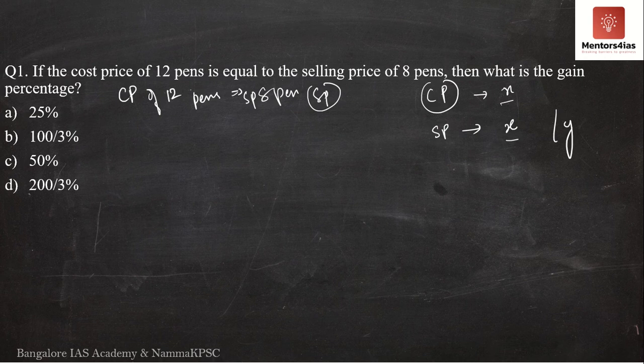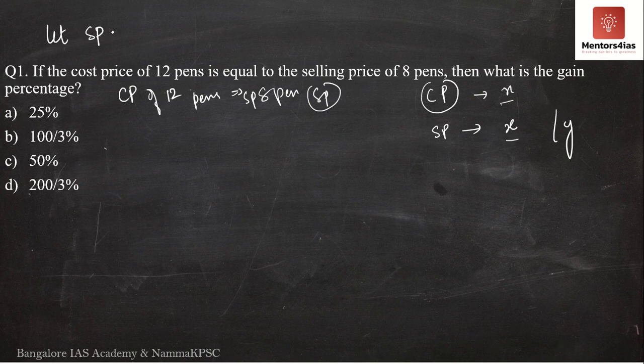Here they have not mentioned the price of the pen. So we will assume either the cost price or the selling price of the pen, whichever, you can assume either. Let me assume the selling price.